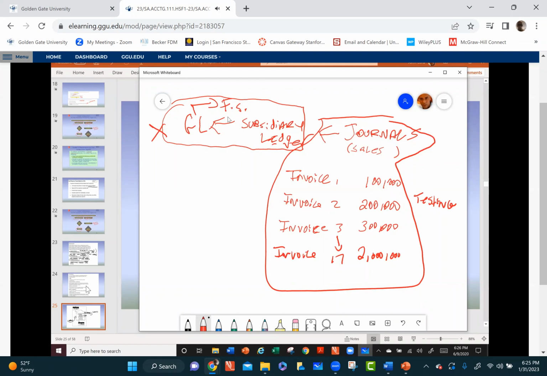What would you do? Financial statement says sales 10 million. You look at the GL, and the GL has an account called sales that says $2. What would you do?